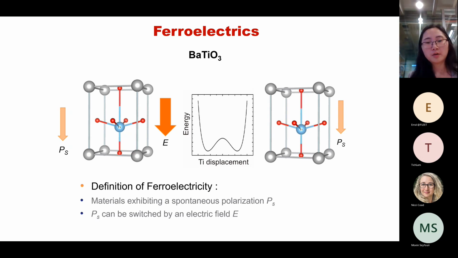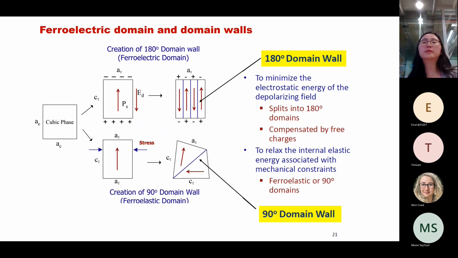All right, so how do the domains form? When there is this spontaneous polarization in these materials, at the interface it will form bound charges. The bound charges give a depolarization field, which has the opposite direction to the spontaneous polarization.